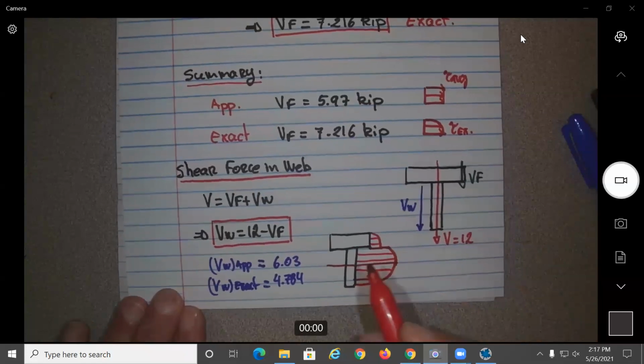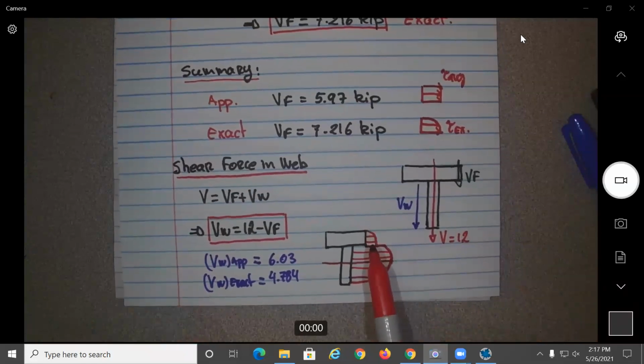I'm not going to do the derivation again, but why here will there be a jump to make it higher? What was the T over here? Was it 12, no? Remember, tau equals VQ over IT.